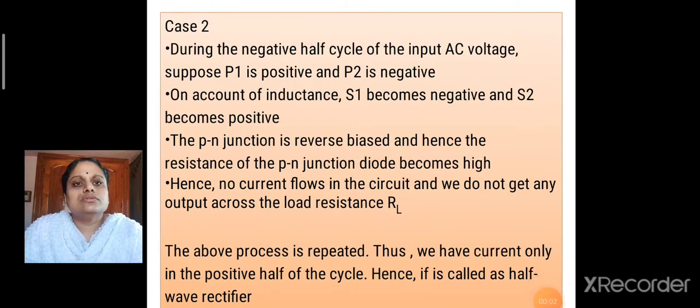Case 2. During the negative half cycle of the input AC voltage, suppose P1 is positive and P2 is negative. On account of induction, S1 becomes negative and S2 becomes positive. The PN junction is reverse biased and hence the resistance of the PN junction diode becomes high.